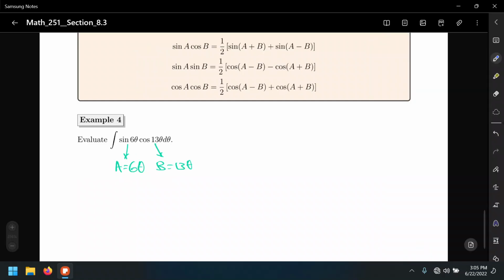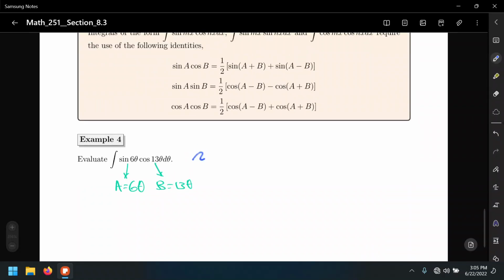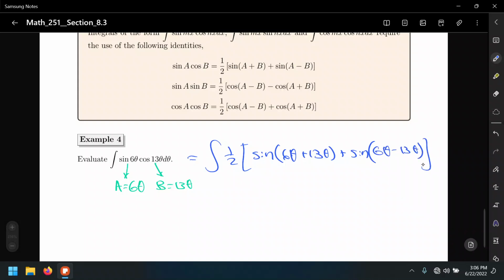So let's use the trigonometric identity. Let's integrate 1/2 of sine of A plus B, in this case that is 6θ plus 13θ, plus sine of A minus B, that is 6θ minus 13θ, with respect to θ.